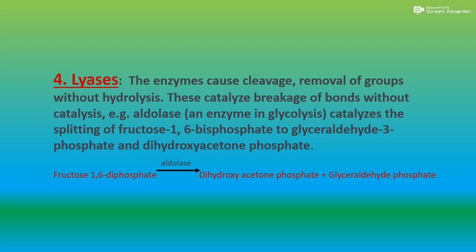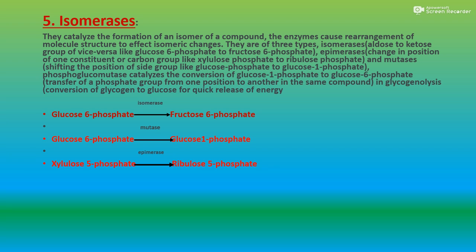Now we see the fifth type of enzyme, the isomerases. What are isomerases? They catalyze the formation of isomers of a compound. The enzyme causes rearrangement of molecular structure to effect isomeric changes.